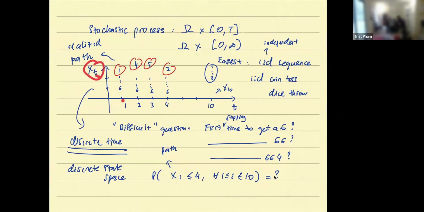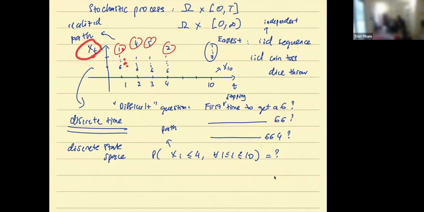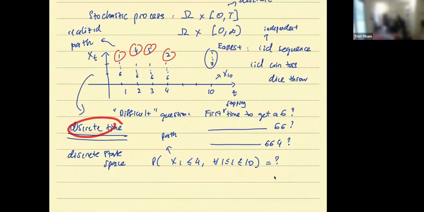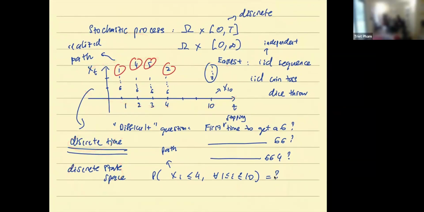So time is discrete here, this set is discrete, but the value the random variable can take is also discrete. So we're not dealing with continuous random variables here. Discrete just makes things a bit easier to visualize and we don't have to deal with density and all that stuff. But anyway, if you have a discrete time, discrete state space process, then this picture would serve as a visualization, whatever the nature behind the process is.